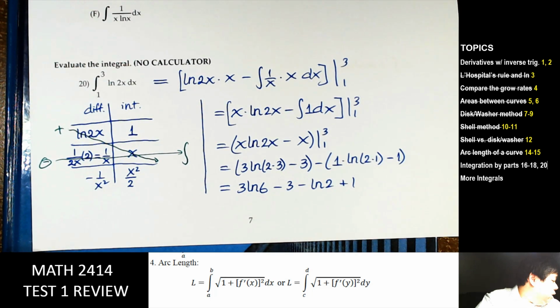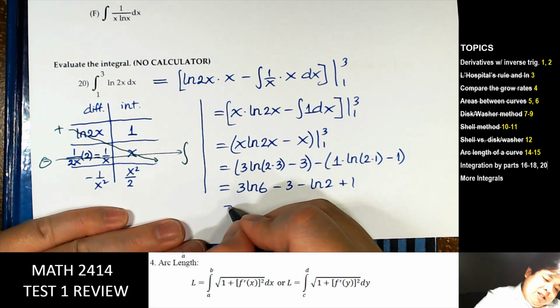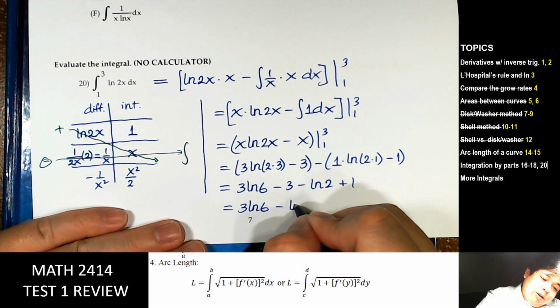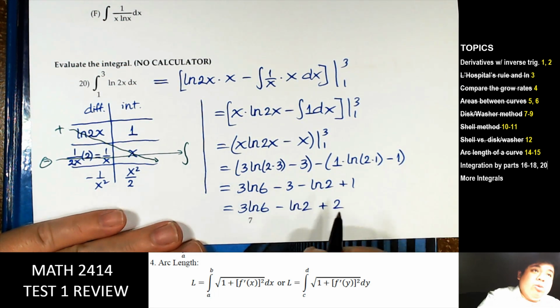So we have 3 ln of 6 minus ln of 2 plus 2.